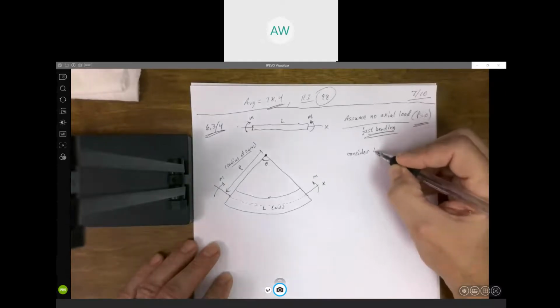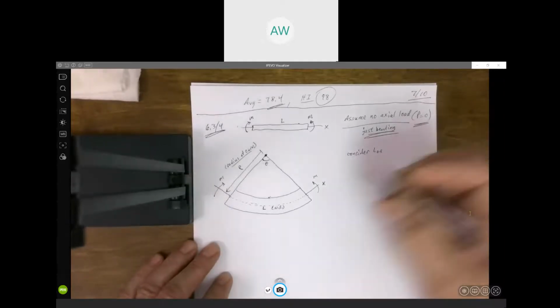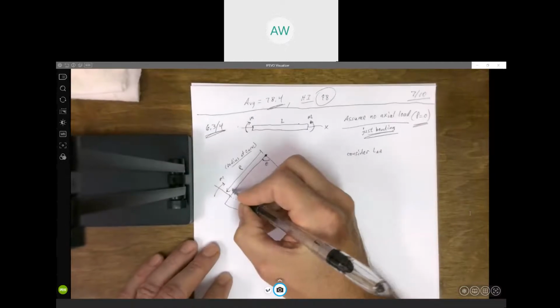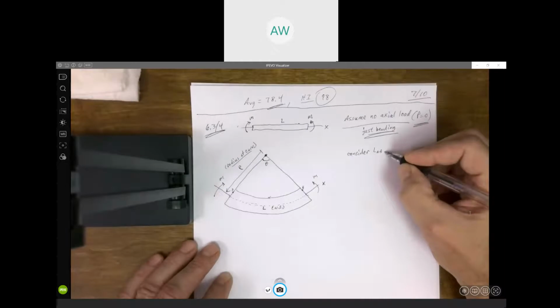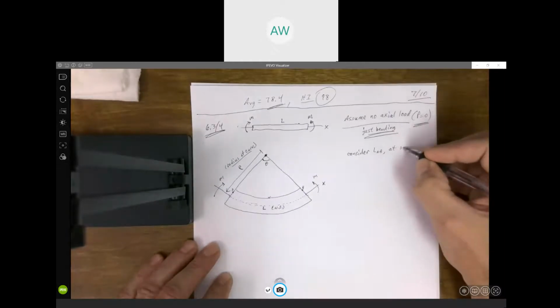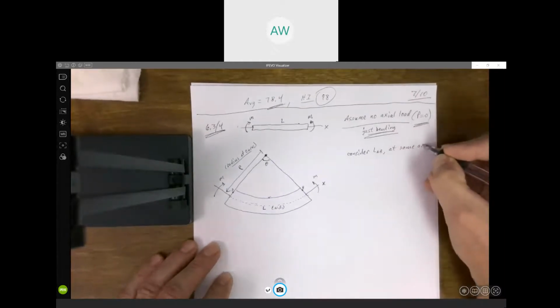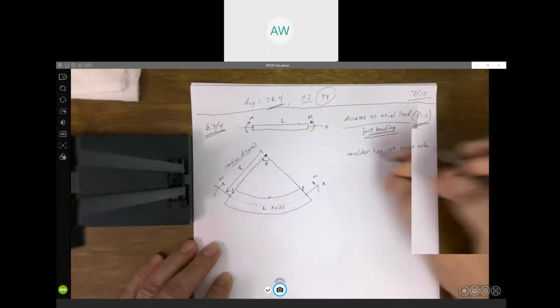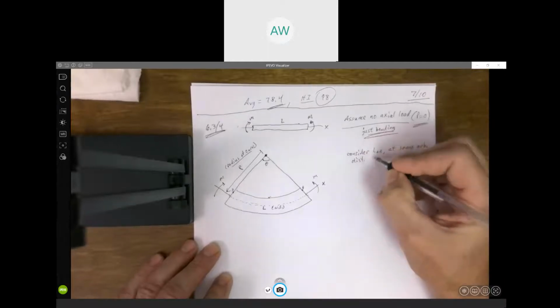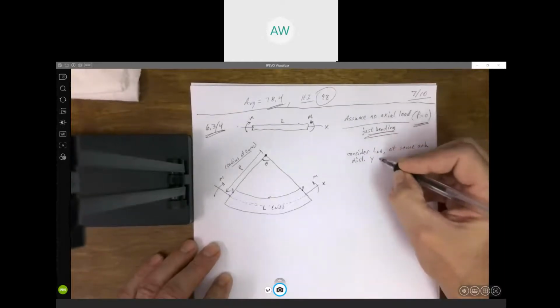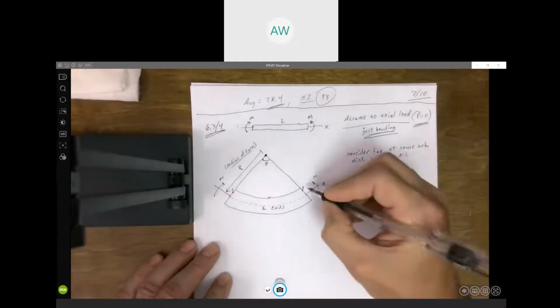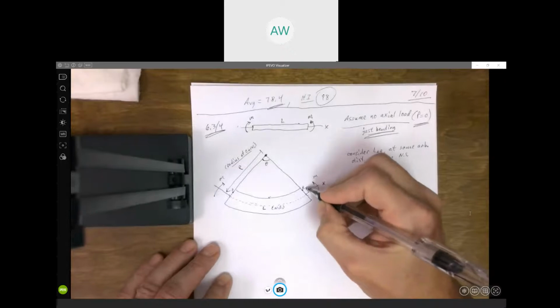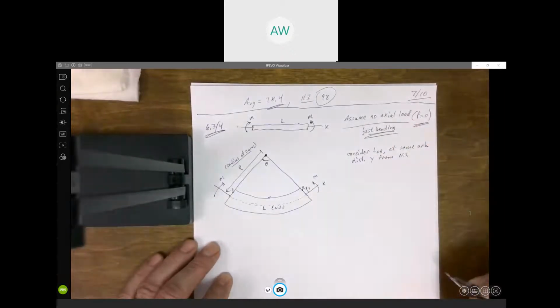We'll just pick two arbitrary points, AB here, at some arbitrary distance y from the neutral surface. Remember our coordinate system.